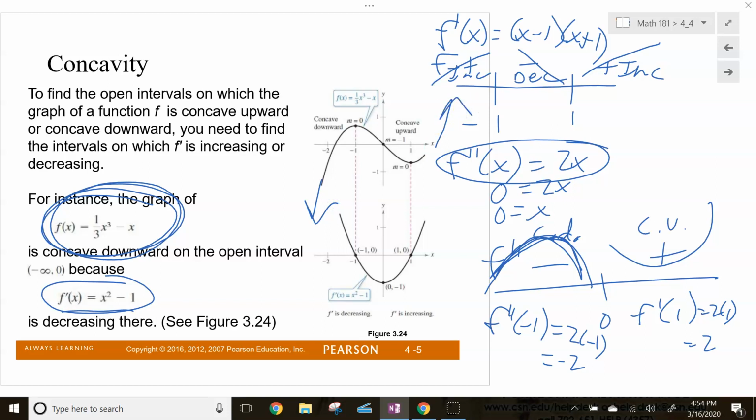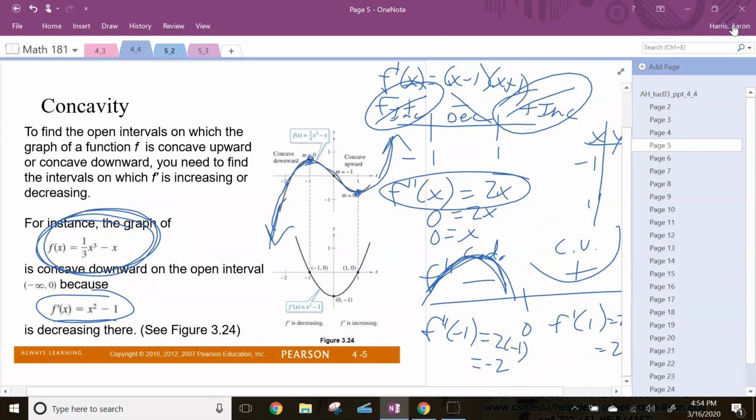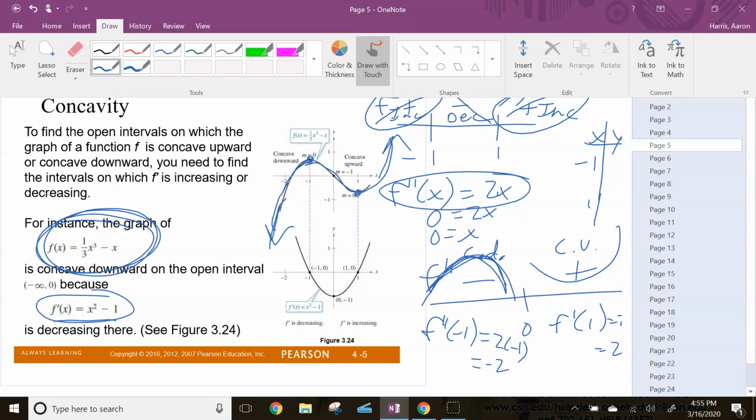We can plot some points, plug in -1 and 1, and you get your relative max and your relative min. We know it's increasing up to -1, then we decrease in between, and then we increase again afterwards. And then in terms of the concavity, let me get a different color here.